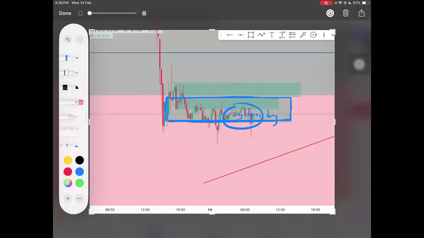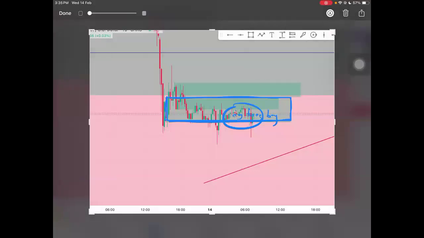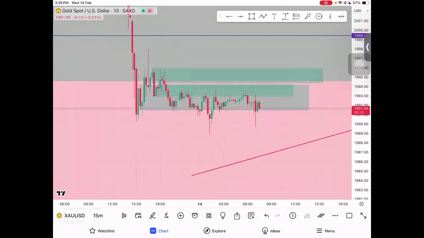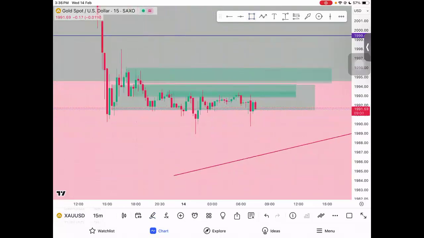So now we wait for, okay, no, you can take sell here because it already broke down, giving you EG sell, then EG sell again, so many EG sells.